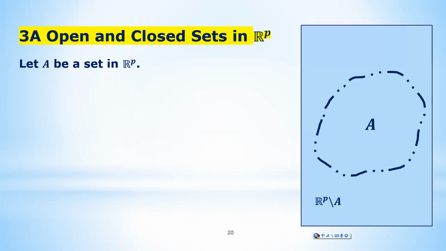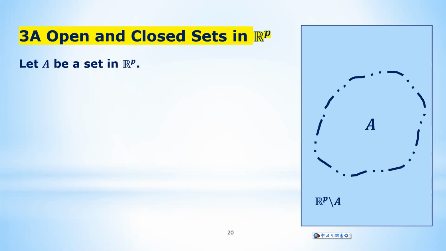Here we are given a set A in R^p. In the picture, I draw this set. You can see this set is not open and not closed, because the solid line indicates those points are inside A, and the broken line indicates that this portion is not in A. So a part of the boundary belongs to A and a part of the boundary is not in A. There can be any other set much more complicated than this.